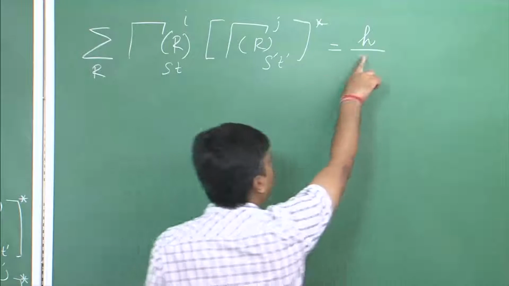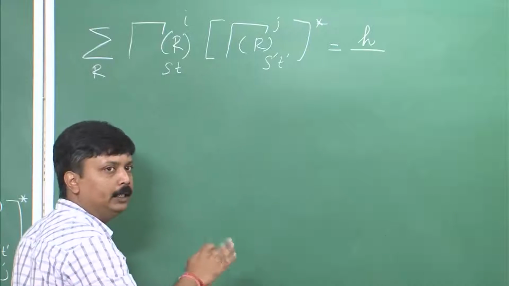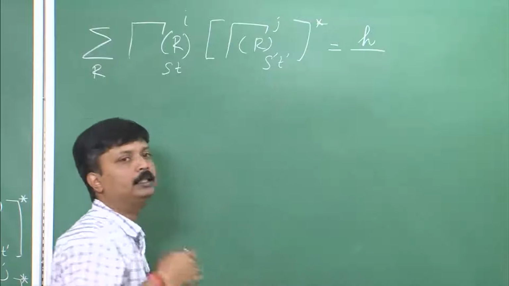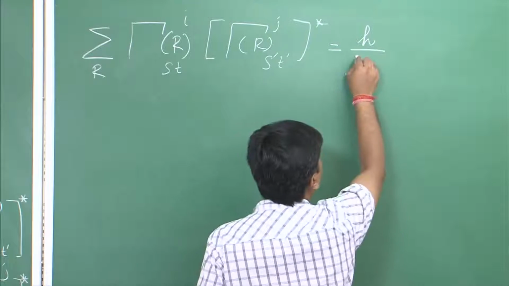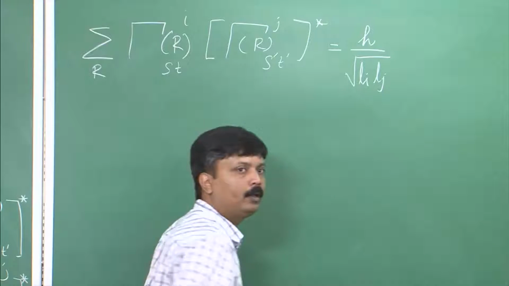So here is the order of the group, and then I have two different irreducible representations, ith and jth, right? Their dimensions, let's assume, are Li and Lj. Therefore, this will have Li and Lj, all right?